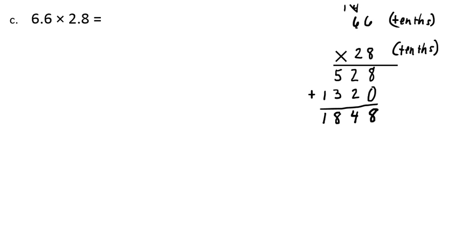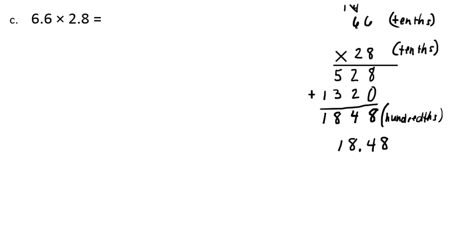Now I have to remember that each of these was tenths, so now I have to take my tenths times my tenths. That means my answer will be hundredths. And again, the final answer needs to fall in the hundredth spot as a decimal. So that would be 18.48, or 1,848 hundredths, as my final answer.